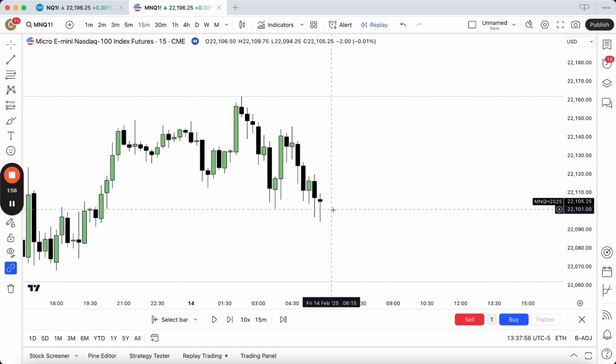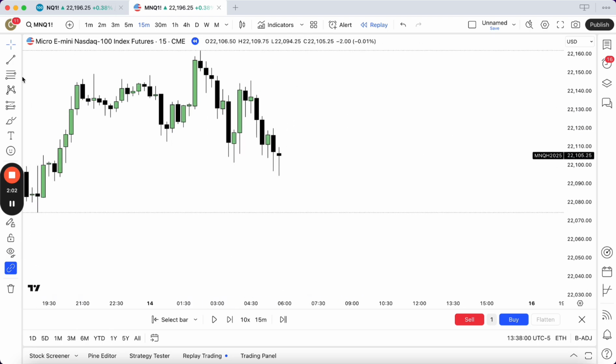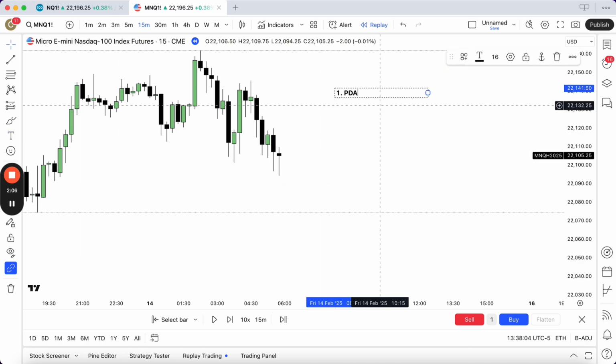So what we're looking for is three things. We are looking for a PD array on the 15-minute or hourly time frame, and then we're going to align time frames.